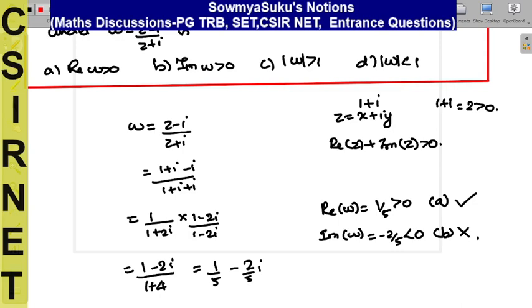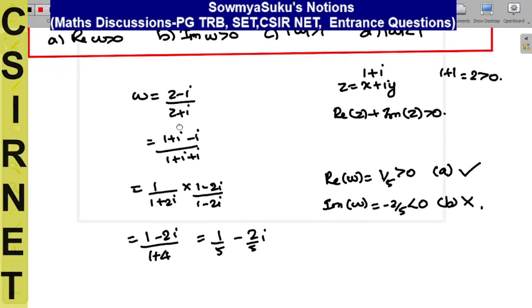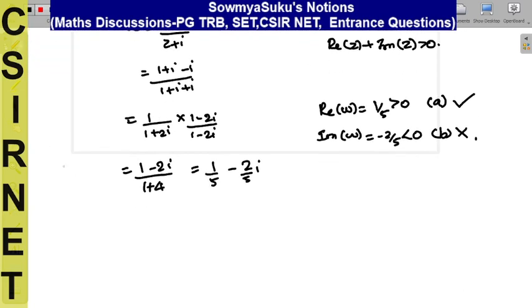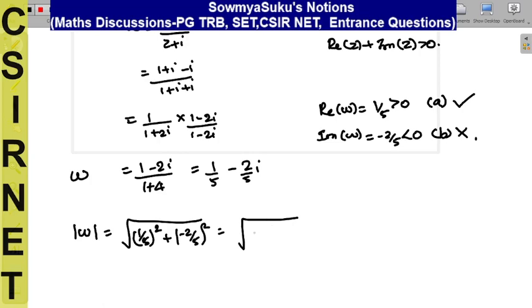Let's check modulus of w. Okay, so modulus of w is equal to root of 1 by 5 the whole square plus minus 2 by 5 the whole square, which is equal to root of, yes, definitely the positive one, 1 divided by 25 plus 4 divided by 25, which is equal to root 5 by 25, which is 1 by 5.